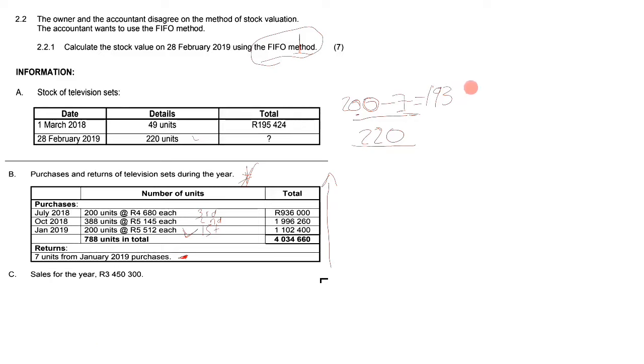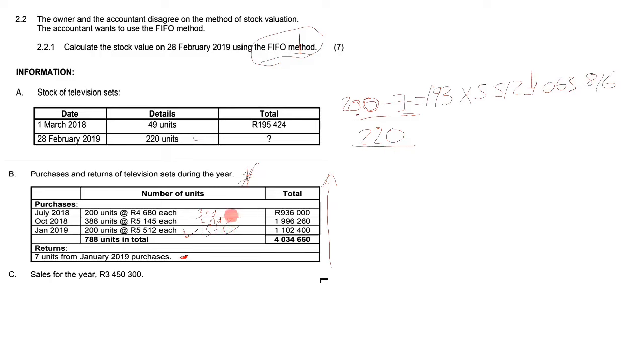So you say 193 multiplied by 5,512, right? Thereafter you will get 1,063,816.